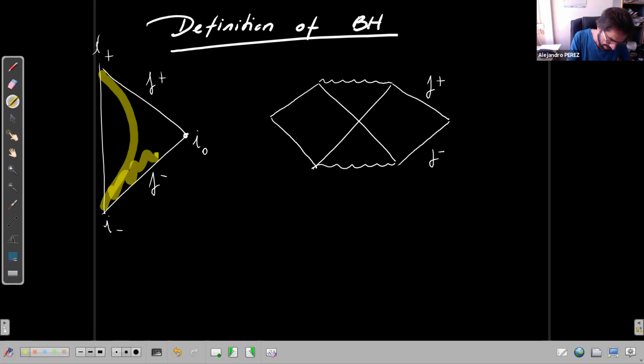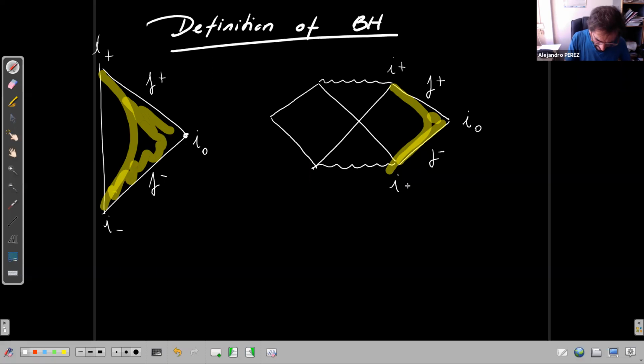Everything that is near infinity here will have to appear here too. So infinity will look the same as in Minkowski spacetime, and we will recover i naught, scri plus, scri minus, i plus, i minus, and there will be similar notions on this other asymptotically flat region.